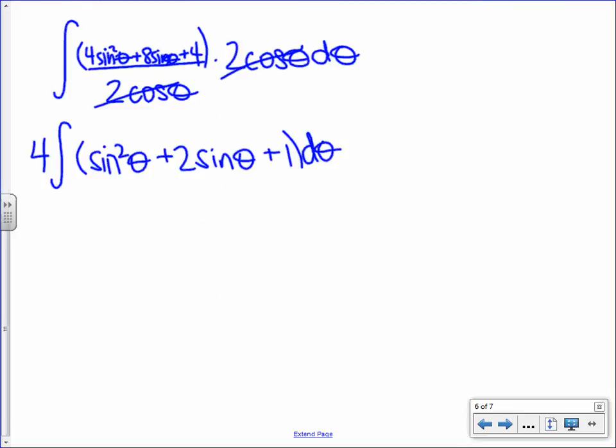But can we integrate sine squared by itself? No. We need to do the power reducing formula. And what is that power reducing formula for sine squared?